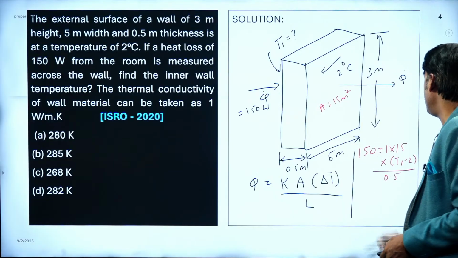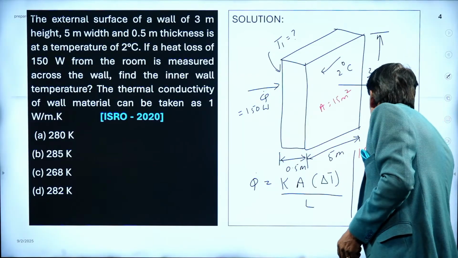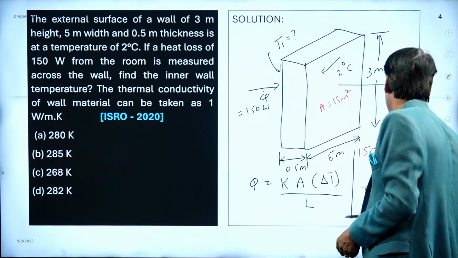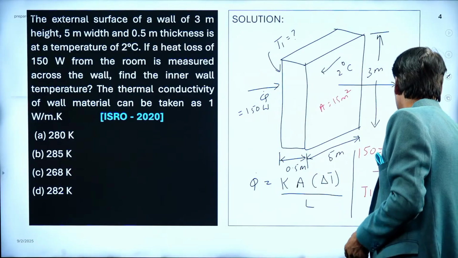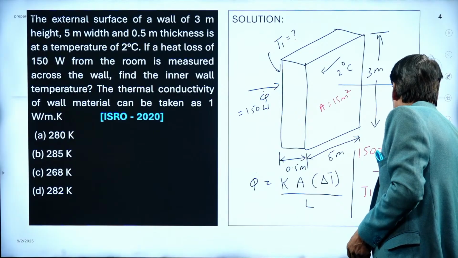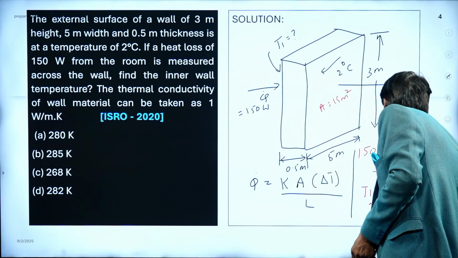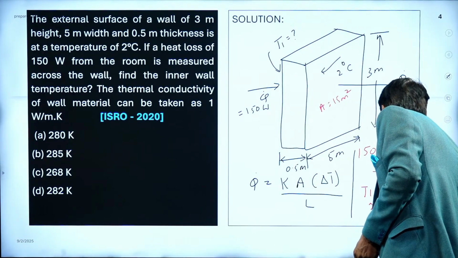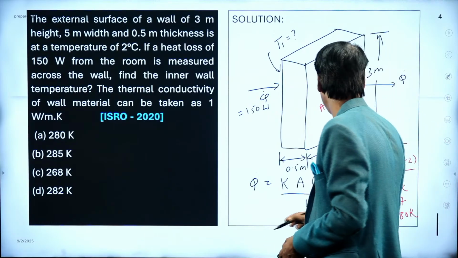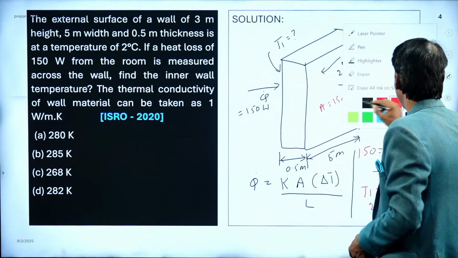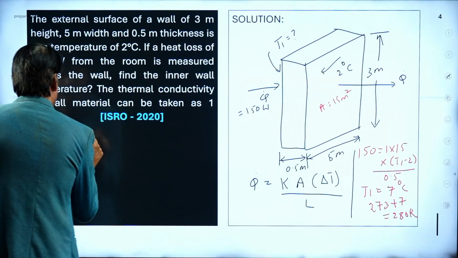So 75 divided by 15 is 5. So T1 comes out to be around 7 degrees centigrade, which is 273 plus 7, that is 280 Kelvin. So your answer is 280 Kelvin.